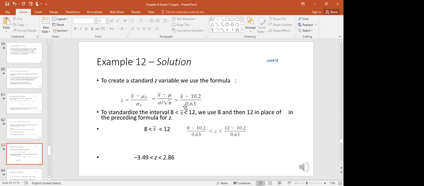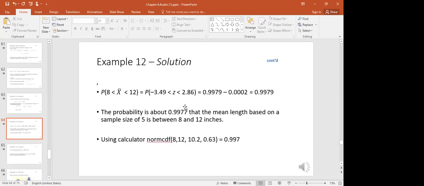For those who are not using a calculator, they will need to convert it to standard form and then read the table. Okay, I see you got the right answer, 0.997. Right. It's much easier when you are using a calculator.